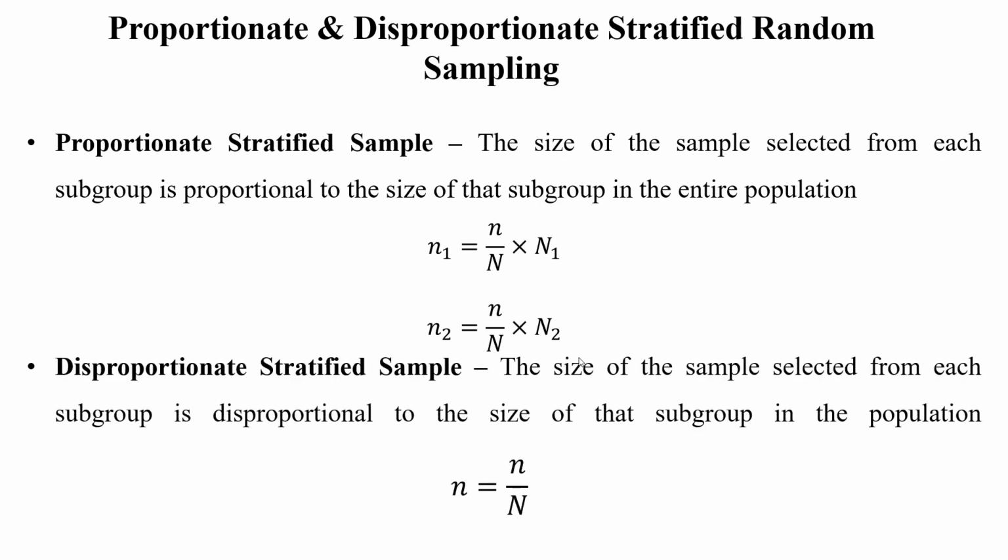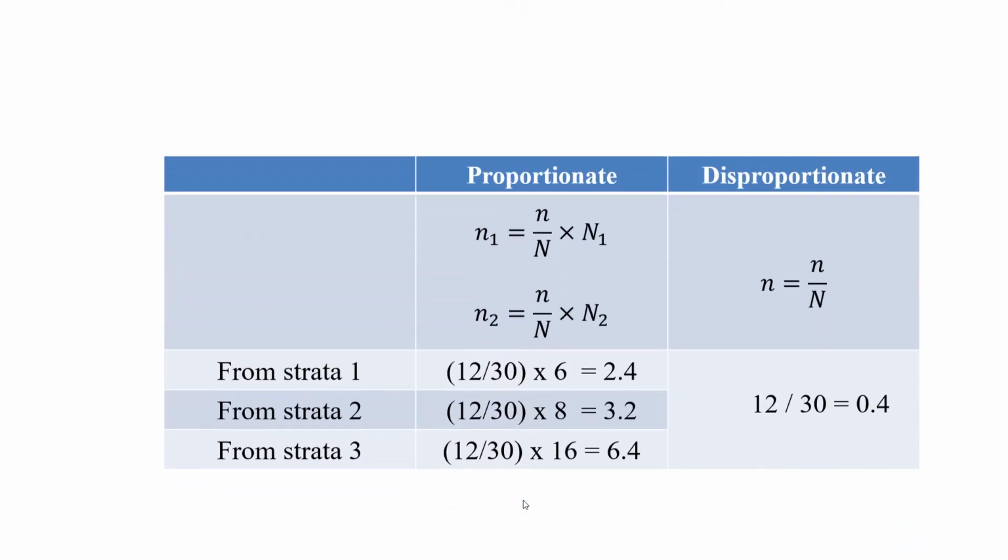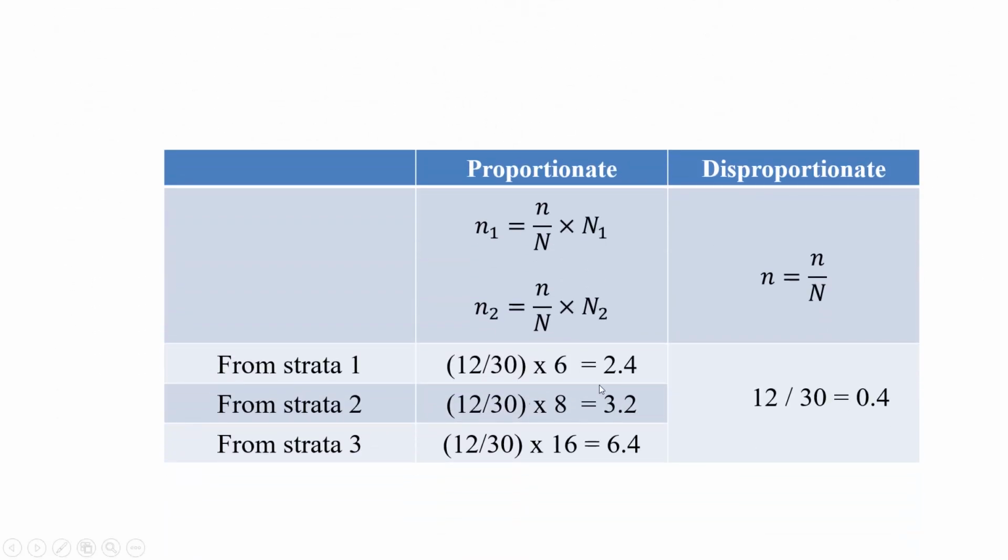Whereas in the disproportionate case, we are not considering the size of the subgroup. We are just selecting the sample from each subgroup disproportional to that subgroup's population. For example, the formula for selecting the disproportionate stratified sample is n equals small n by capital N. So let's assume that we have 30 population.